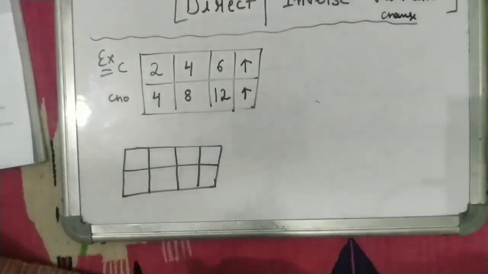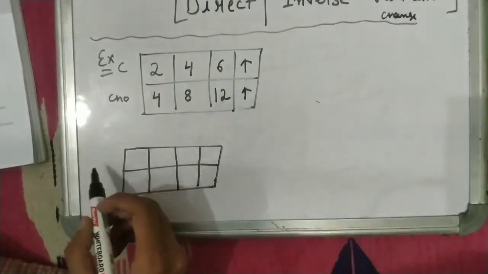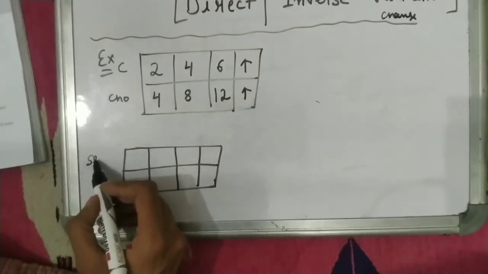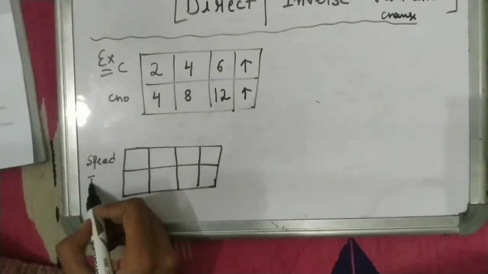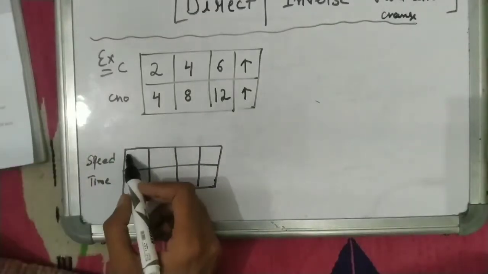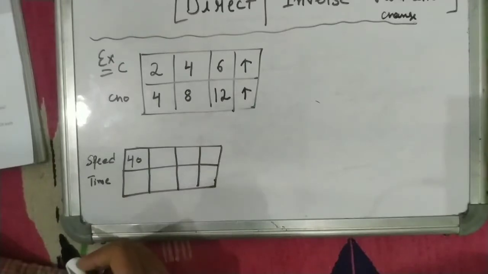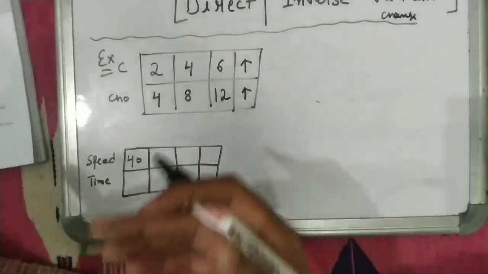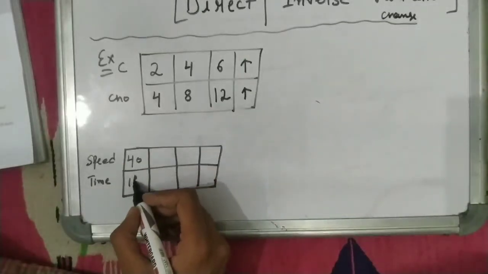Suppose I take an example of the speed of a car and time. Now speed is 40 km per hour, and my car takes 1 hour to cover the distance.